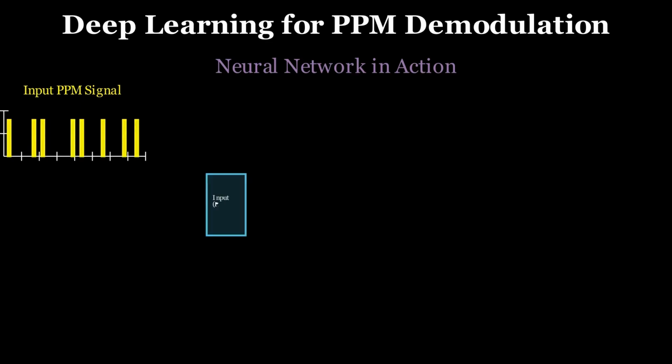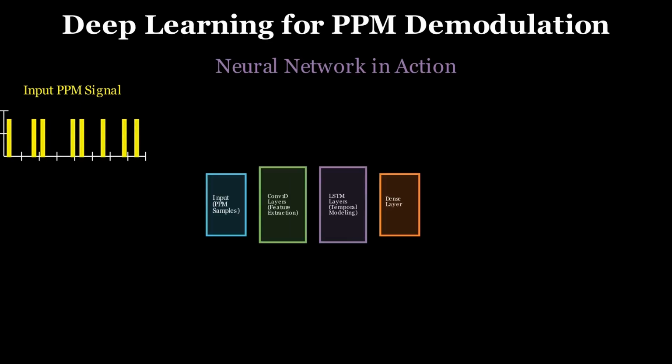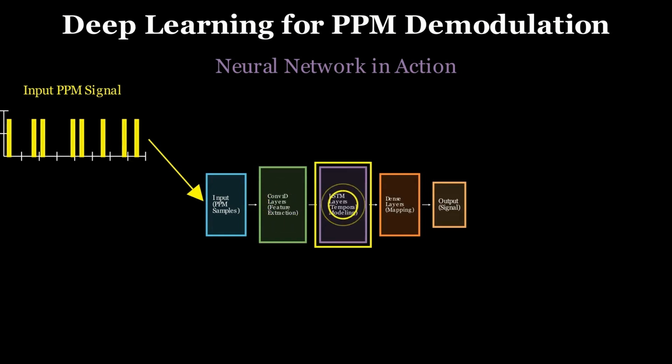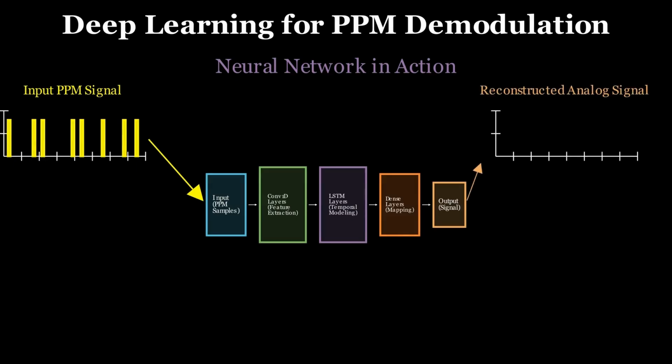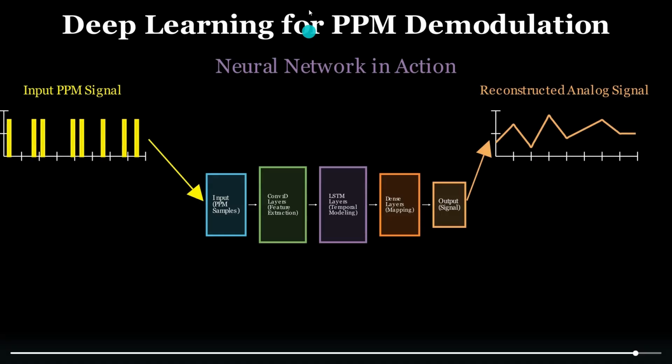As you can see here, we feed an actual PPM waveform into the network. It flows through each layer and extracts high-level features, refined timing information, and interprets the pulse structure more accurately than classical methods. This demonstrates how modern neural networks can outperform traditional signal processing methods and opens the door to robust PPM demodulation in real-world communication systems.